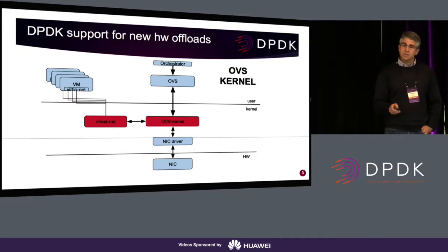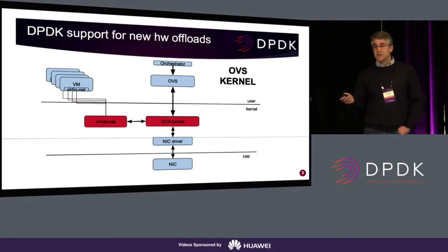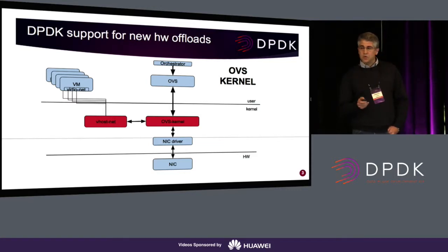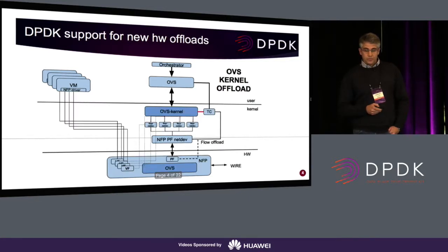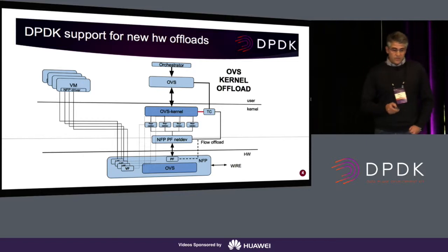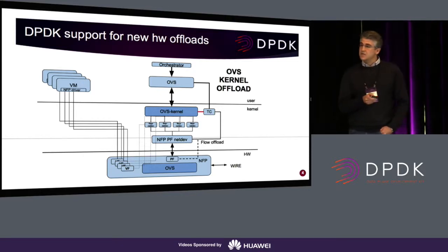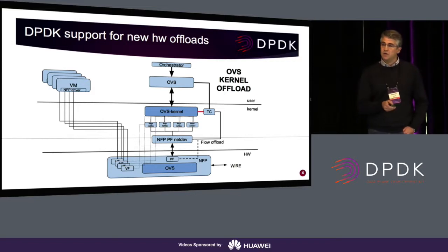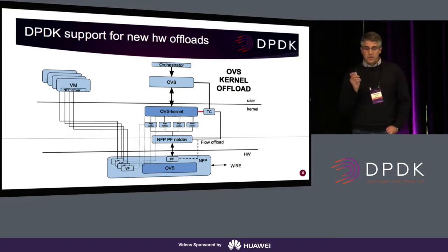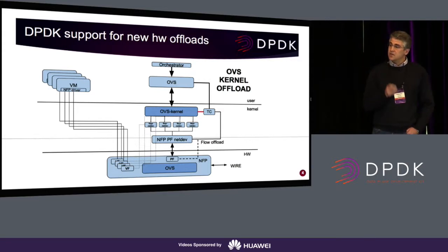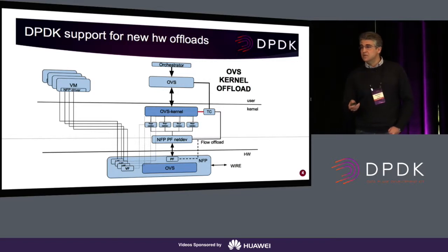So before talking about OVS DPDK offload, I want to talk about how we solve this in Netronome with OVS kernel. As you can see now, VMs are talking directly to the hardware. This is the key, okay? So with this architecture, the performance that you can have inside the VMs is almost native, so what the NIC can give you.